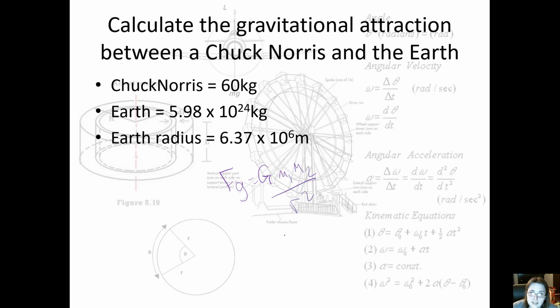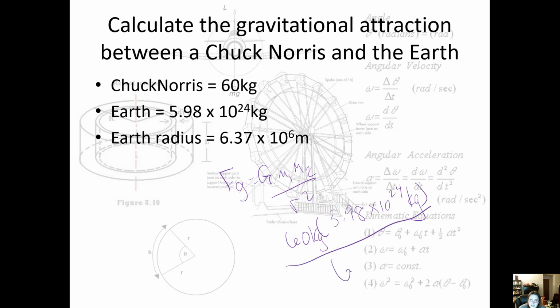So then it's 60 kilograms times 5.98 times 10 to the 24th kilograms. This is also kilograms. And then divide that by 6.37 times 10 to the 6th meters. And this is times 6.67 times 10 to the minus 11.